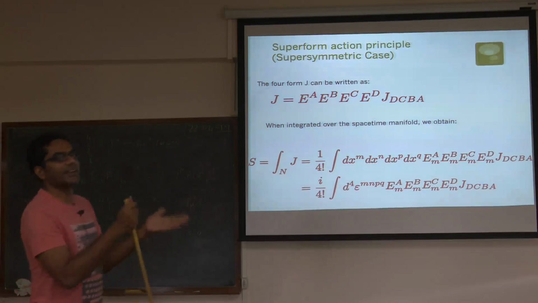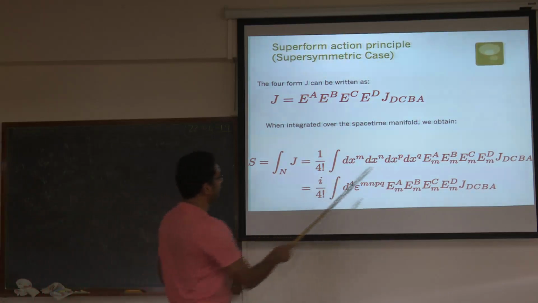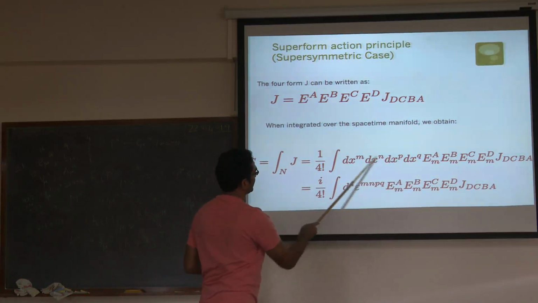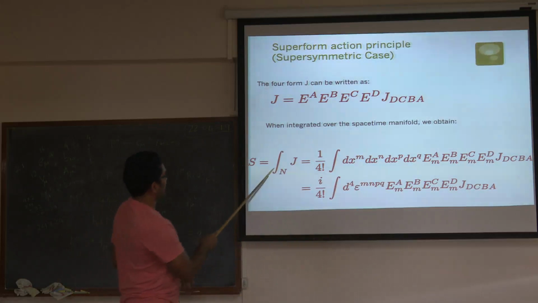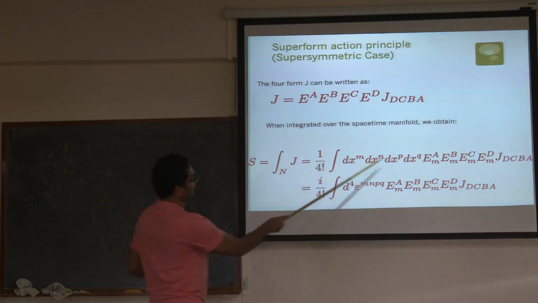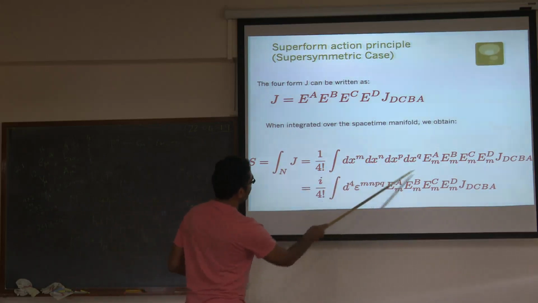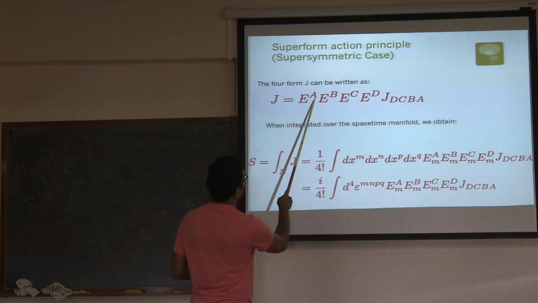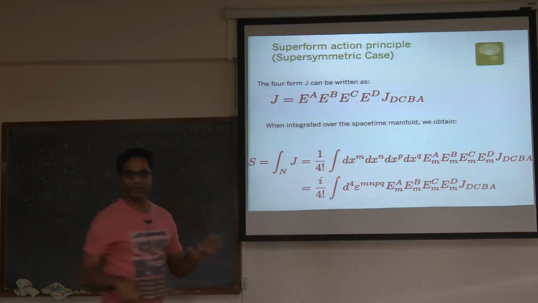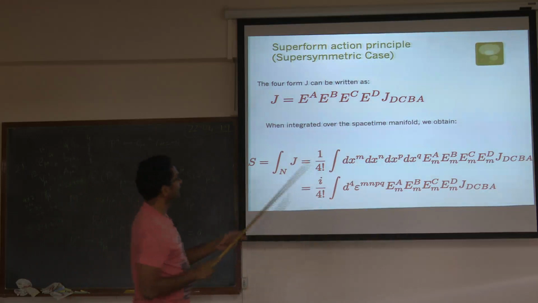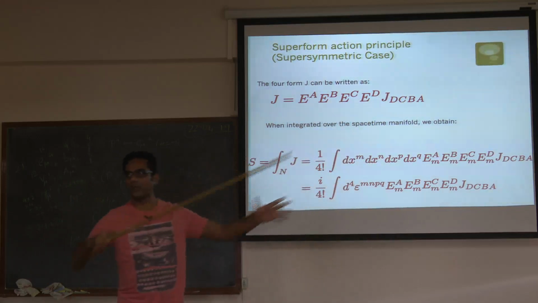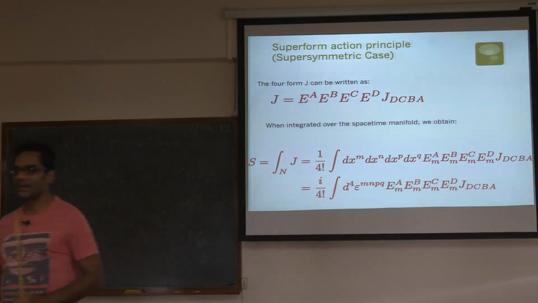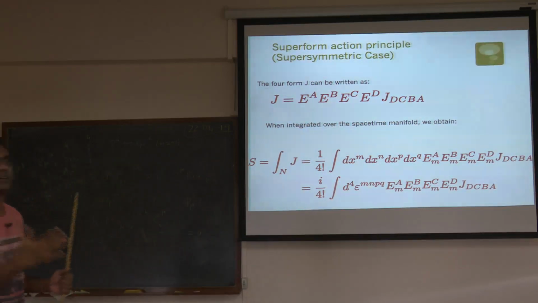So when you integrate it over the space-time manifold, only those terms survive which have legs along the space-time direction. If you integrate it over the space-time manifold, this is what you get. What I am doing is I have suppressed the wedge product symbols. So maybe I should say that whenever I write 4 forms, the wedge products are assumed. It is there; I have just not written it down.